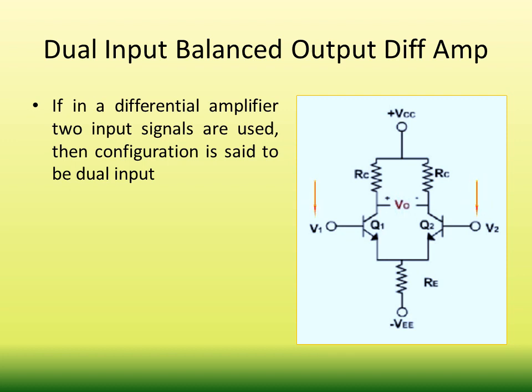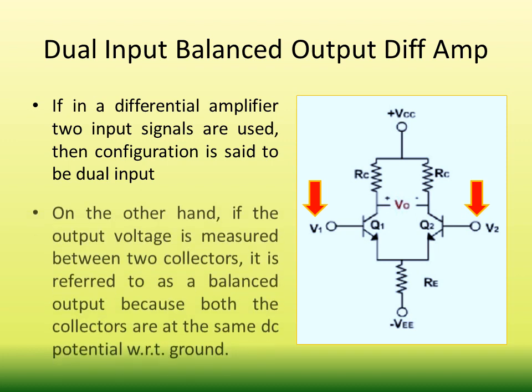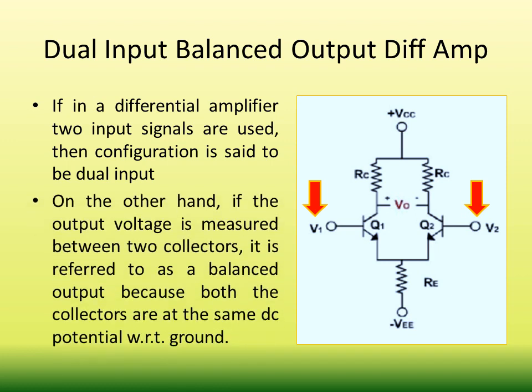Here V1 and V2, at the two ends, two input signals are provided as depicted by arrows. On the other hand, if the output voltage is measured between two collectors, it is referred to as balanced output because both the collectors are at the same DC potential with respect to ground.